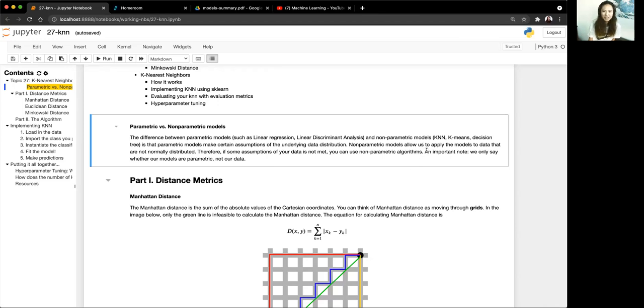So in terms of terminology, an important note, we only say whether our models are parametric, not our data. So K-nearest neighbors is a non-parametric model. So far, the only parametric models that we've dealt with are linear regression and logistic regression. Okay, that's kind of just a terminology thing. I've never been asked this in an interview before, but it's good to know.